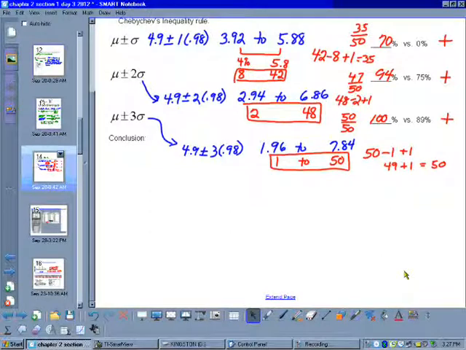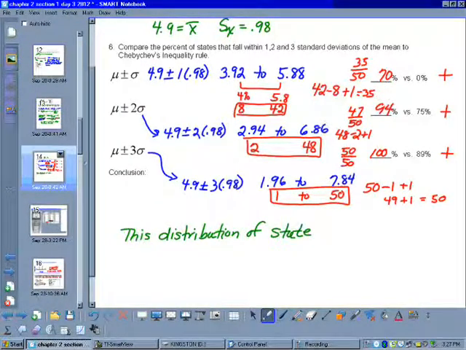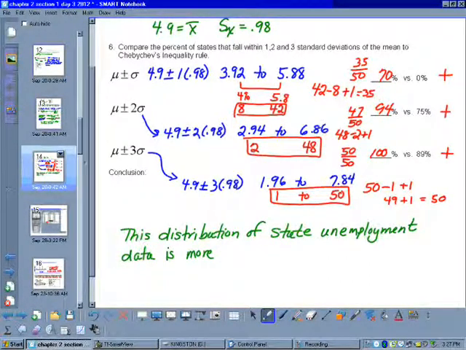So what can my conclusion be for this? My conclusion is that this distribution of state unemployment data is more compact than perhaps we expected.